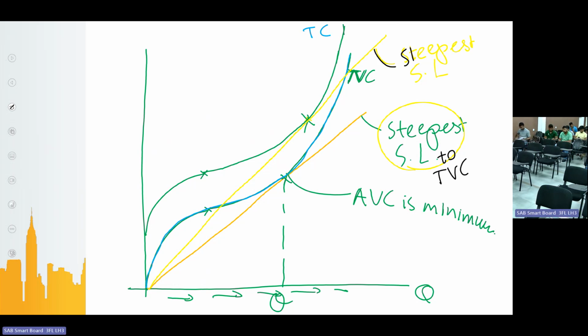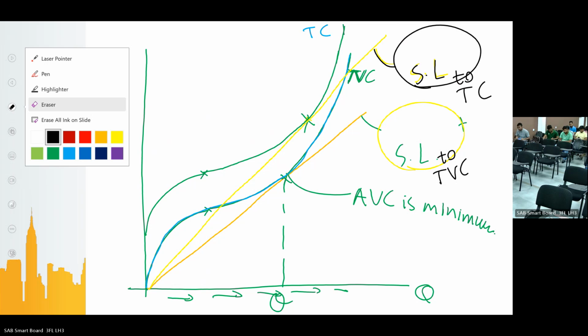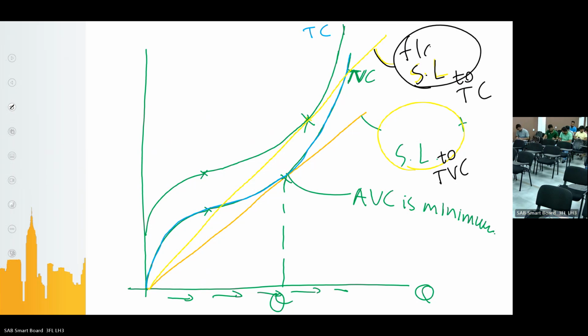This is the straight line to TC. Sorry, not steepest, the flattest. This is the flattest straight line to TVC. That is the flattest straight line to TC.